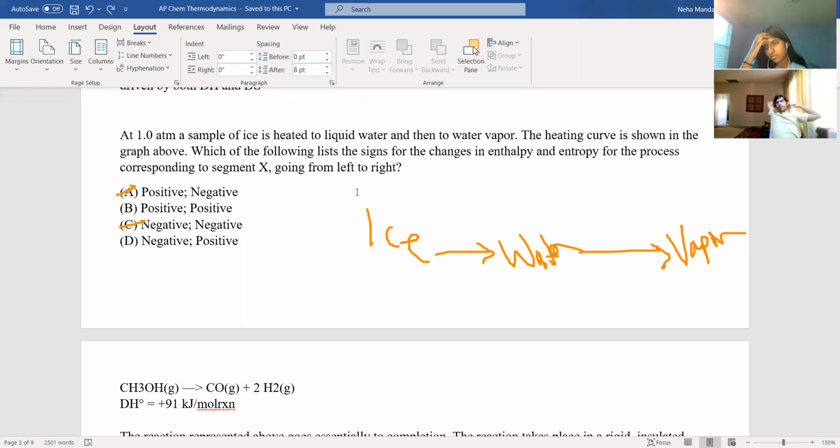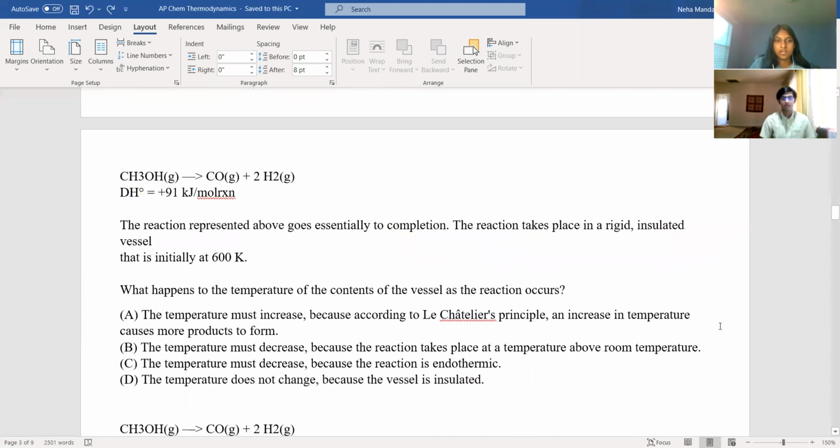I would think it's endothermic as well because you have to put in energy to break bonds. Okay, so that would be B, I think. Let me check. Yeah, B.